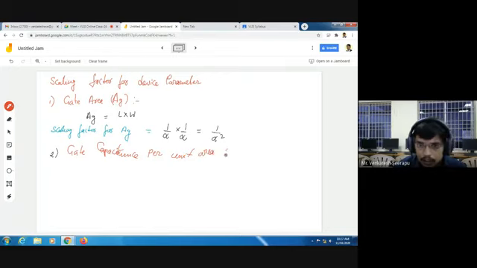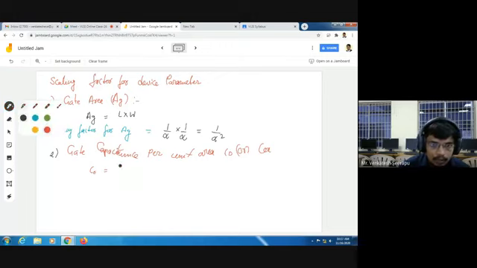It is C naught or COX, gate capacitance per unit area. The formula for gate capacitance per unit area is C naught equal to epsilon OX by D, where D is the oxide thickness.